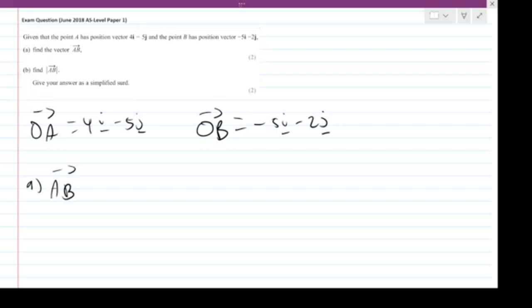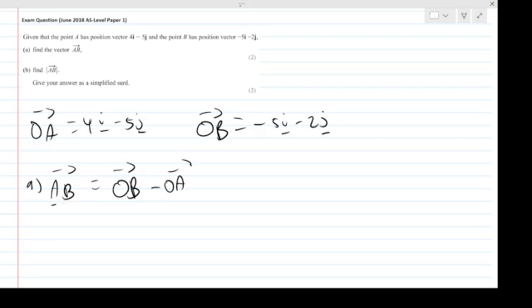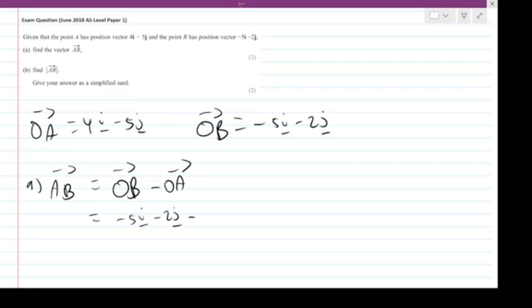We then need to firstly find the vector AB. I can do this very quickly by recognizing that we can use position vectors. The vector from A to B is going to be the position vector of the latter one, OB, take away the first, OA. So OB is minus 5i minus 2j, take away 4i minus 5j.